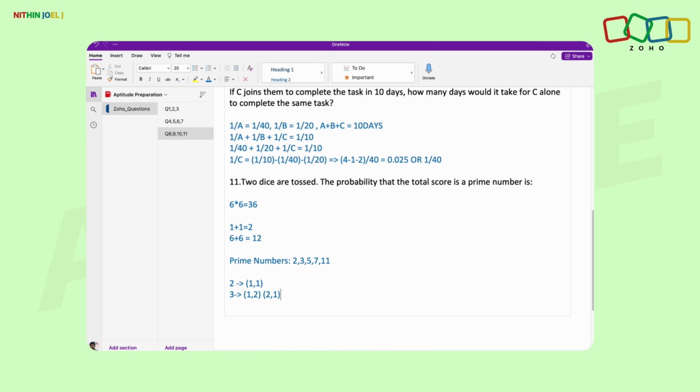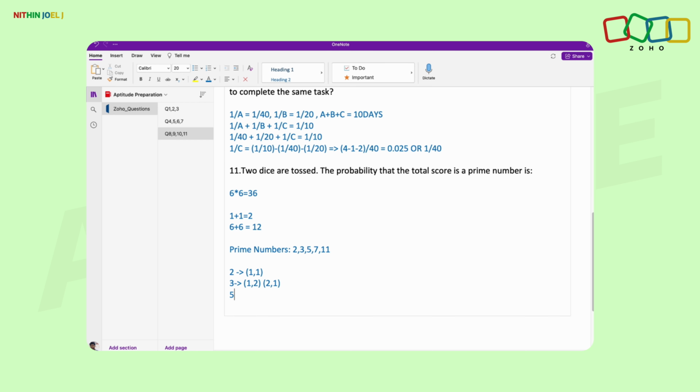We have only 2 ways to get 3 from the dice. Let's go for 5. For 5 we have 1, 4, 2, 3, 3, 2 and 4, 1. So we have 4 ways to get 5 from 2 dice.